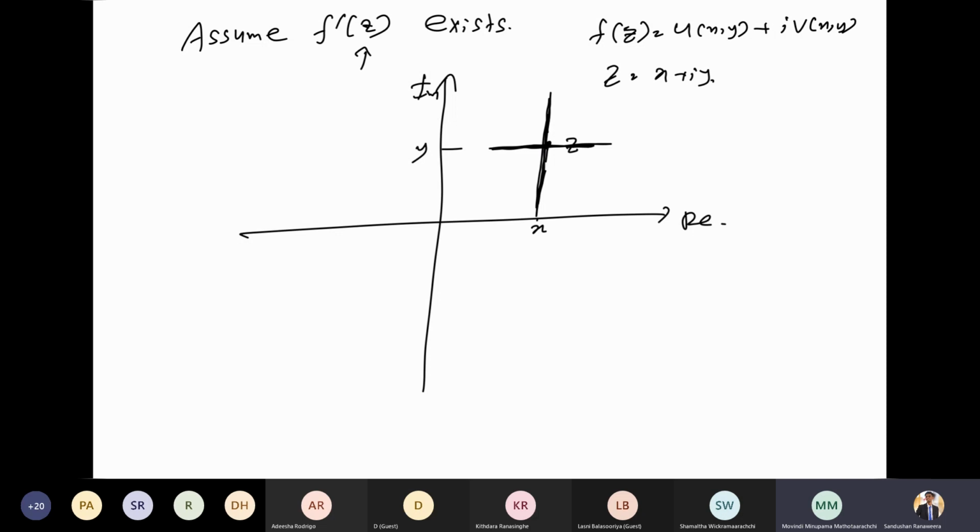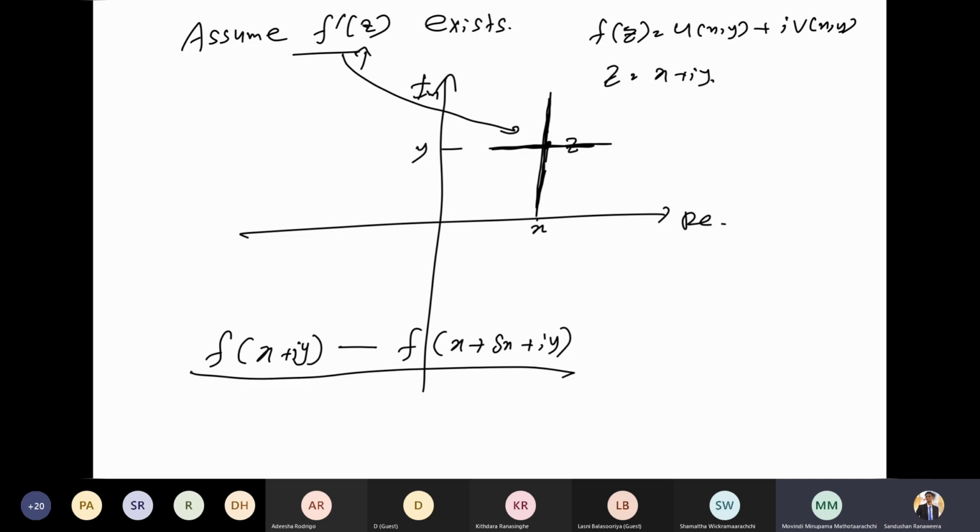I'm not going to show that this limit exists; I'm assuming that it exists. So let's evaluate f(x plus iy) minus f(x plus delta x plus iy), divided by delta z. Actually, delta z is equivalent to delta x, because I simply add delta x to x. I divide by delta x and set the limit delta x to 0. It means I choose a specific direction and move along it.